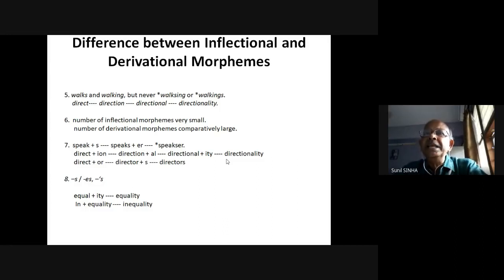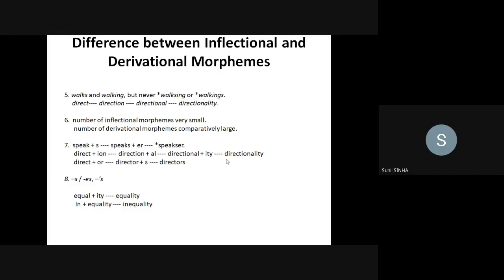Okay. So, look at point number 8. S and ES, these two are inflectional, these two are plural morphemes. ES is added to rose, and we get roses, right? And apostrophe S, this is the possessive.